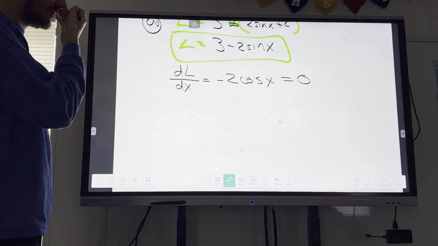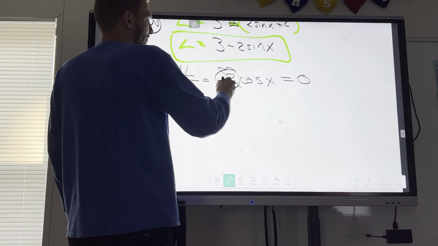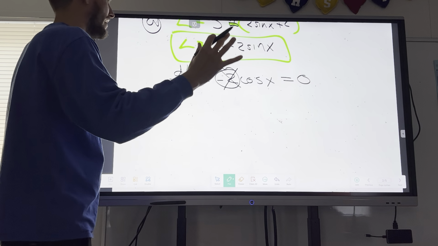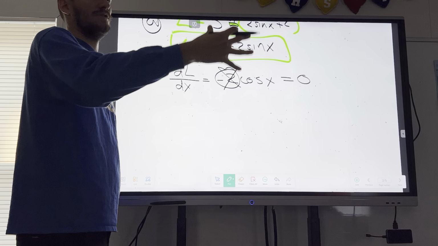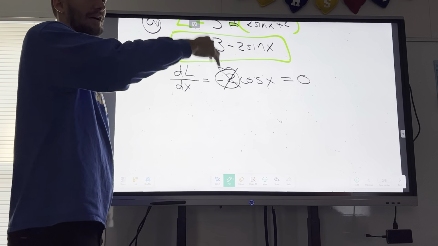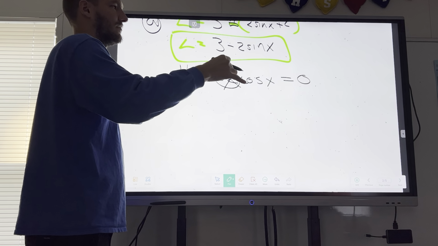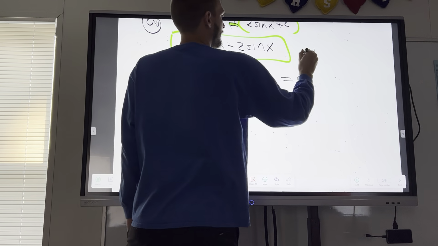Okay, if we set it equal to 0, well, this 2 just kind of evaporates because we can divide both sides by 2. Who cares? Where is cosine equal to 0? Do you guys know those values from the unit circle or from the graph of cosine? Cosine looks like this.